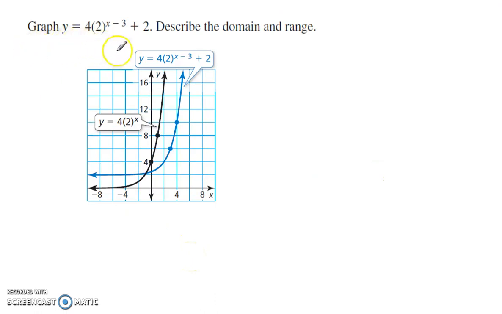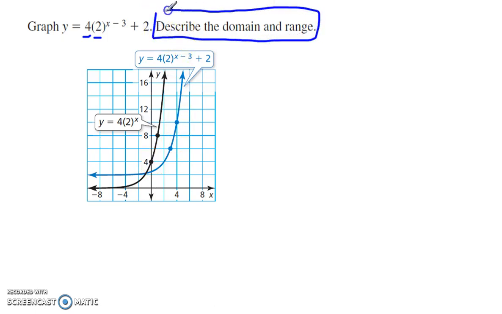Okay, if I want to graph this equation, now we still have 4 and 2 here, but now we have x minus 3 plus 2. Again, I could make a table and plug those in. Now really what I want to look at is describing the domain and range. How is that different from the previous one? Well, the domain is the x values, goes on in this direction and keeps going on in this direction.